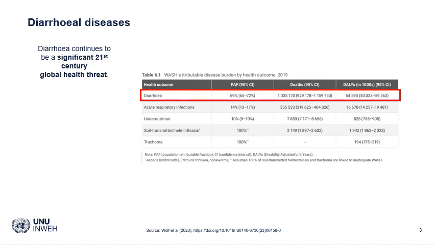Based on global health data from 2019, the World Health Organization, also known as the WHO, and UN Children's Fund, also known as UNICEF, estimate that approximately 1.4 million deaths can be attributed to poor WASH. 69% of these deaths are due to diarrhea.